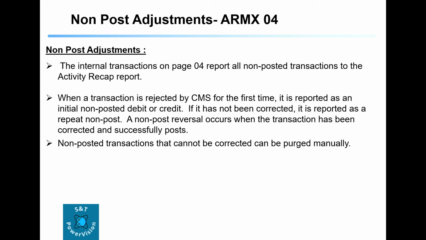When a transaction is rejected by CMS for the first time, it is reported as an initial non-posted debit or credit. If it has not been corrected, it is reported as a repeat non-post. A non-post reversal occurs when the transaction has been corrected and successfully posted. Non-post transactions that cannot be corrected can also be purged manually.